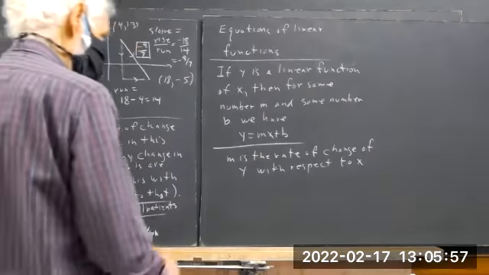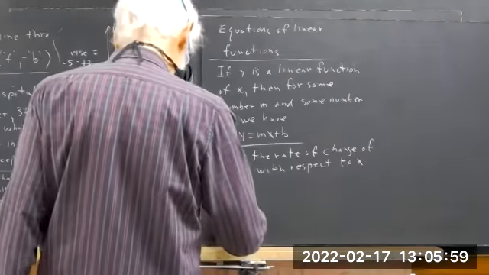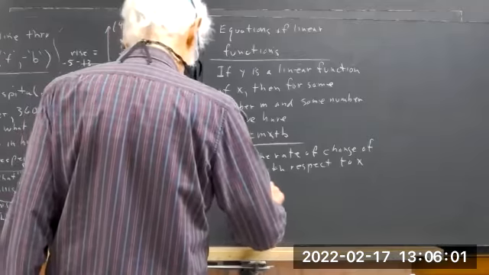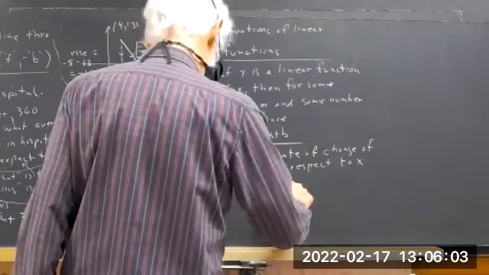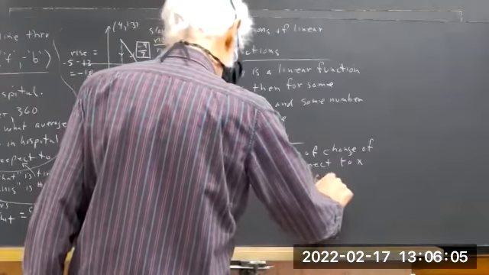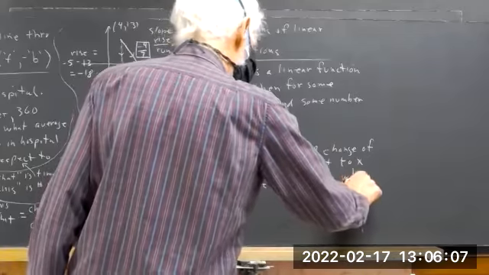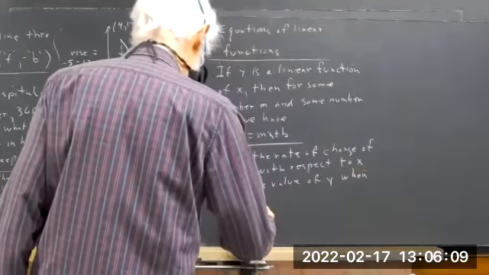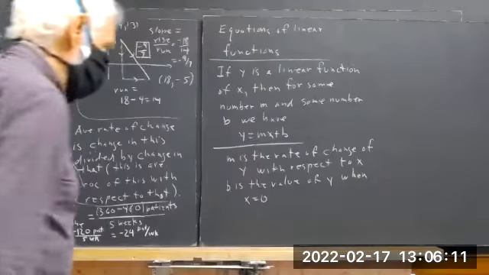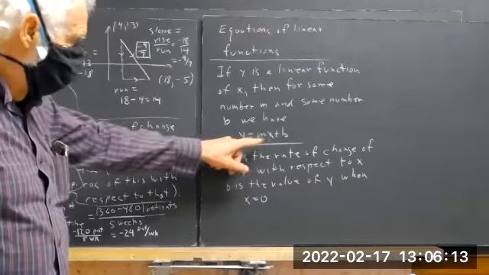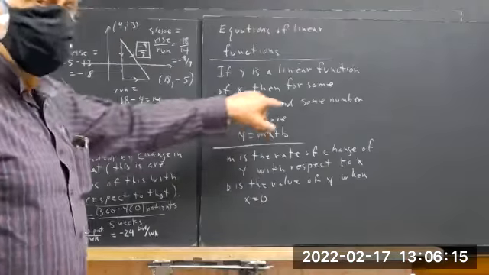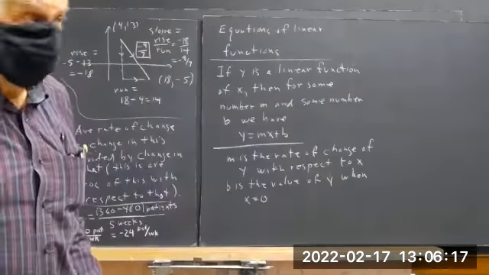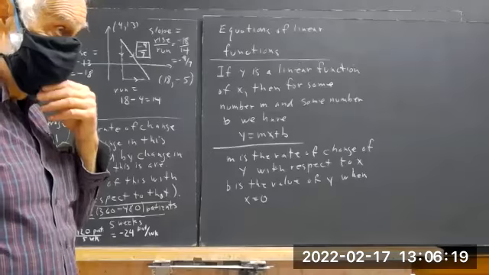And b is the value of y when x equals 0. Obviously, if x equals 0, mx equals 0, and y equals b, right? Okay.